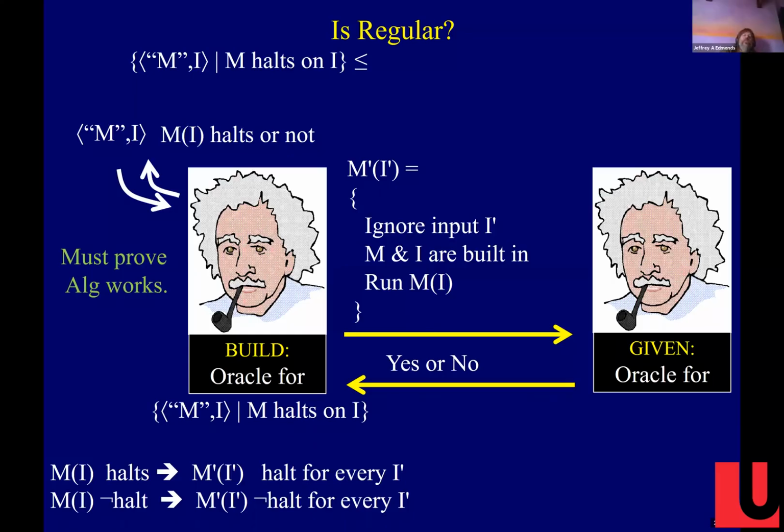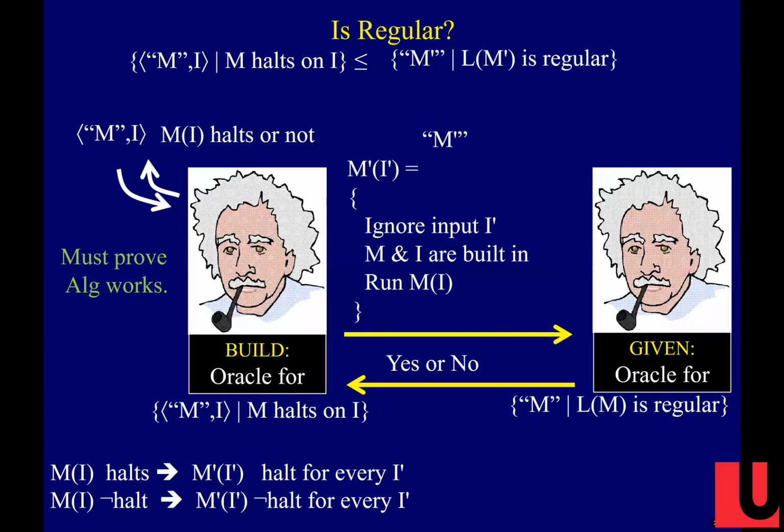All right, so now we're going to do the harder problem. We're going to spend some more time on it, but count on this being harder. So what is our problem again? I'm given the oracle, and you give the oracle an M prime, a Turing machine.